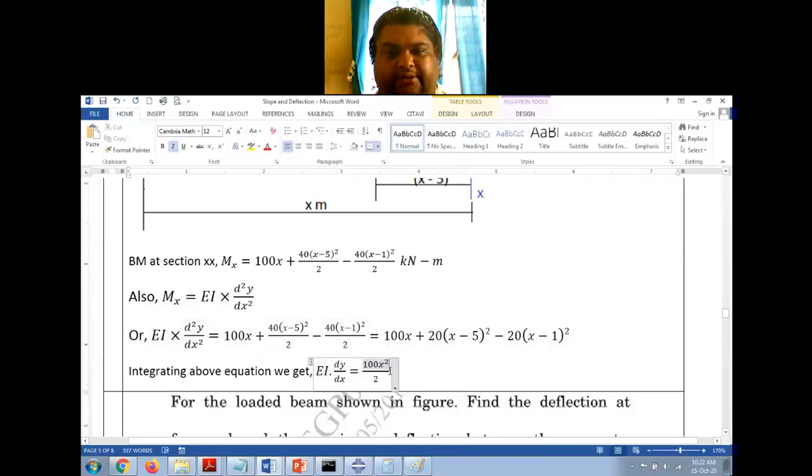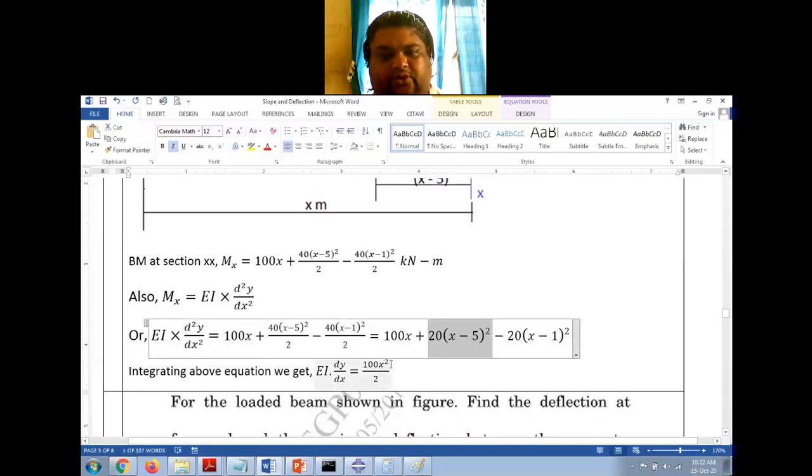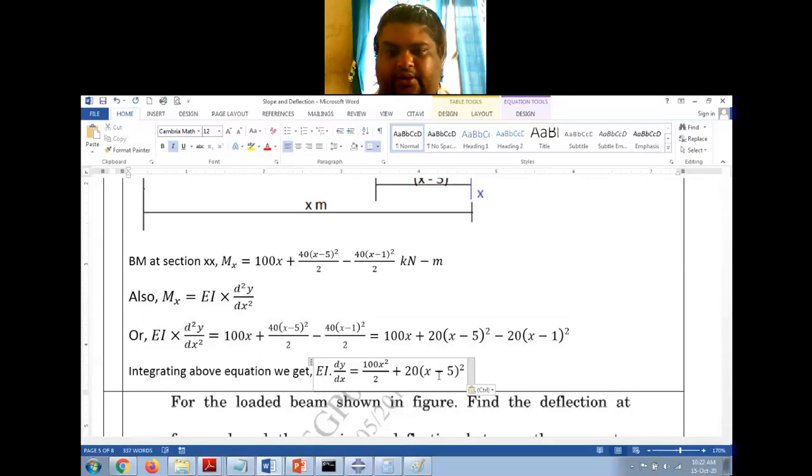Now I'm integrating this. 20 x minus 5 whole square. This will be, I'll just copy it as it is. I have to integrate this x minus 5 as whole. So it is x square. You have to do like that. So it will become x minus 5 whole cube by 3.